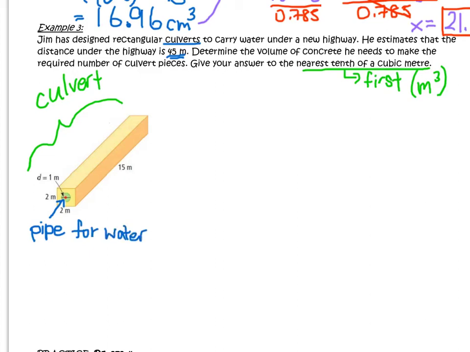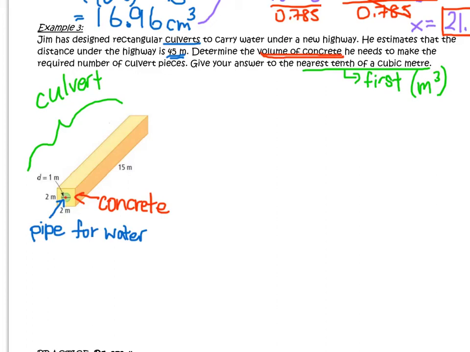Usually pipes for water are in the shape of a cylinder. And then the outside part here in orange, that's all concrete. So what it's asking us to find is just the volume of the concrete, just the volume of that orange part, not including the pipe.